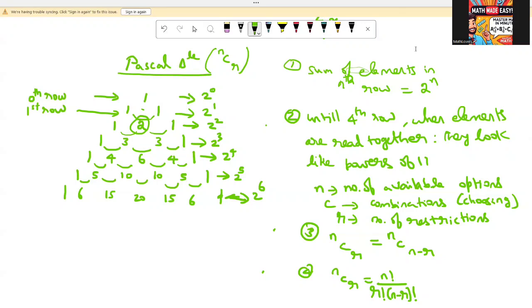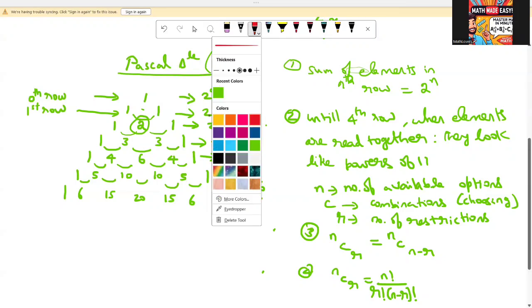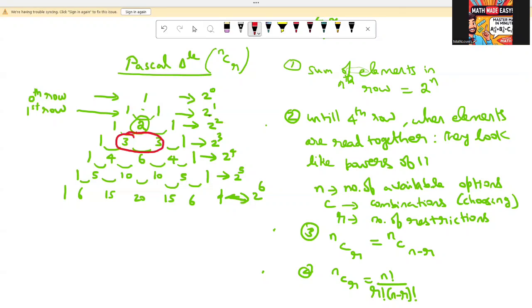One of the patterns is this. If you take any two elements, for example 3 plus 3, it becomes 6. These belong to the third row: 3C0, 3C1, 3C2. So 3C1 plus 3C2 becomes 6, which is in the fourth row, 4C0, 4C1, 4C2.